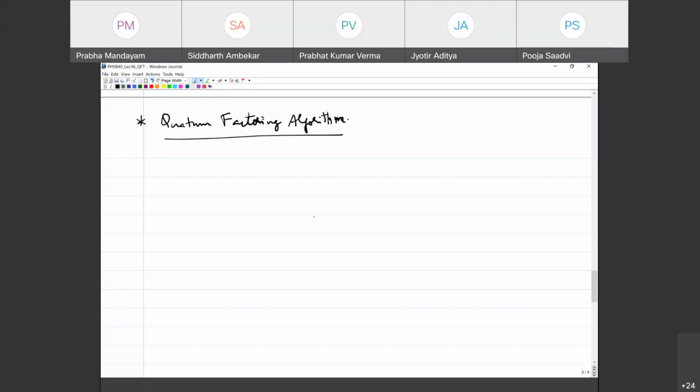The first thing that we will discuss in this sequence is the quantum Fourier transform. And there is again a whole class of algorithms based on the quantum Fourier transform. So the quantum Fourier transform will then lead us to the quantum phase estimation algorithm.